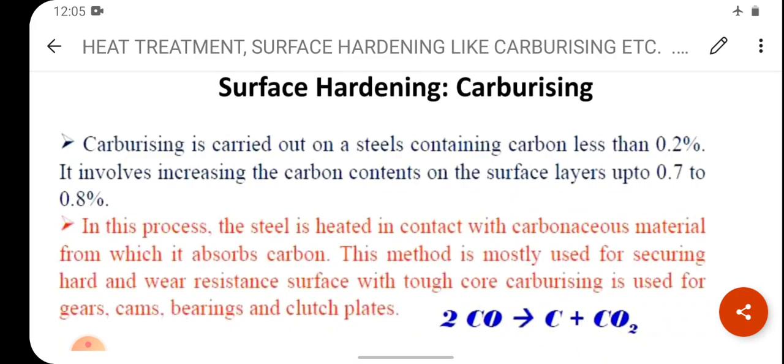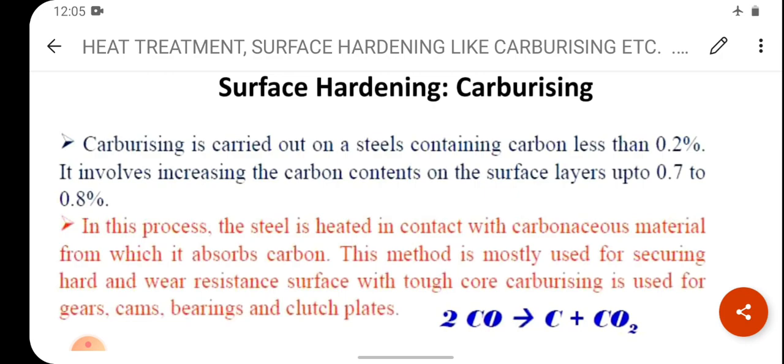What is it used for? Carbon percentage will be less than 0.2%. It involves increasing the carbon content on the surface layers up to 0.7 to 0.8%. What will it do? It will increase the carbon content. This is known as the carburizing process.